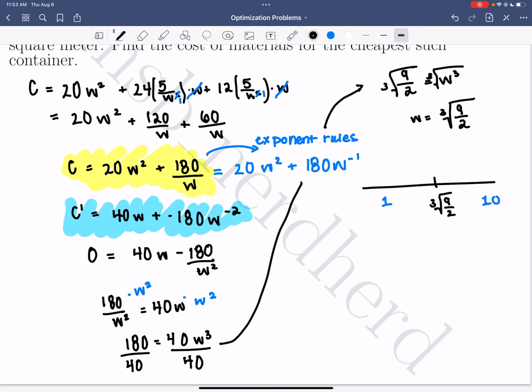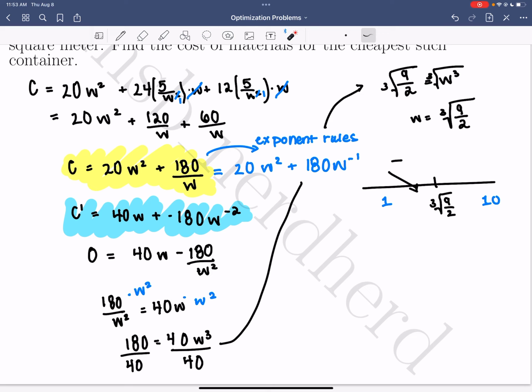So if we plug in 1, you're going to see that if we notice our signs, 180 over 1 squared is going to be much bigger than this. So it's going to give us a negative, which means that it's going down. And when we plug in 10, 10 squared is going to give us 100.